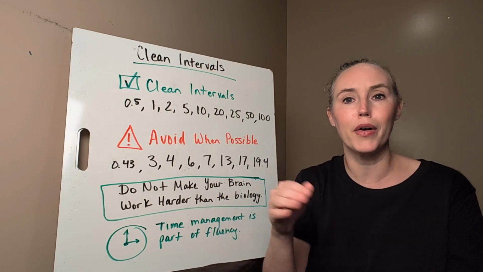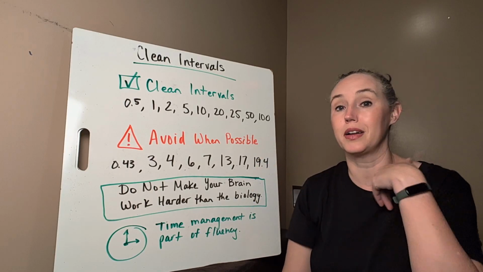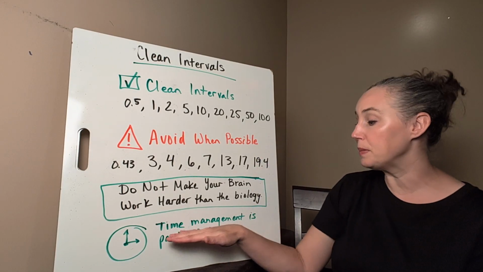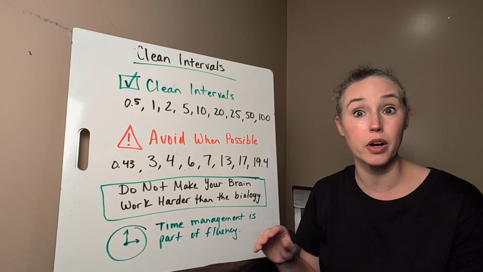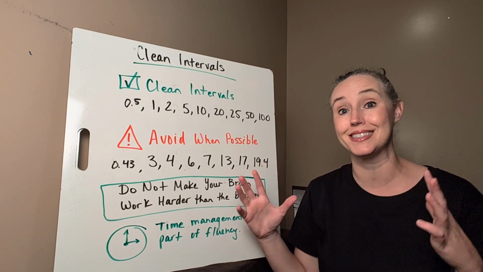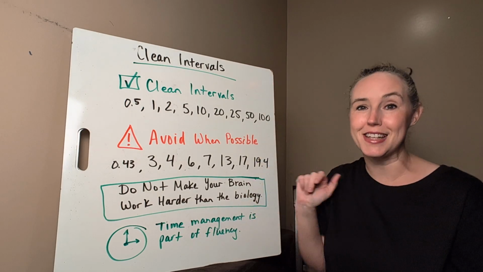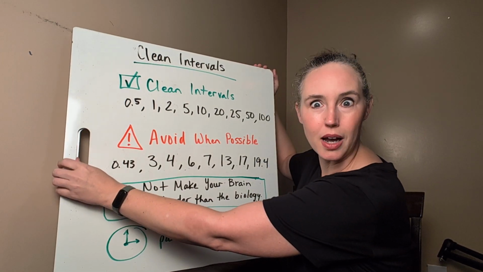We don't want our brains to work harder on building the axis than on actually interpreting it and writing the answer. Time management is a huge part of AP Bio exam fluency. So choosing clean intervals helps save you time and gives you more time to get more points.